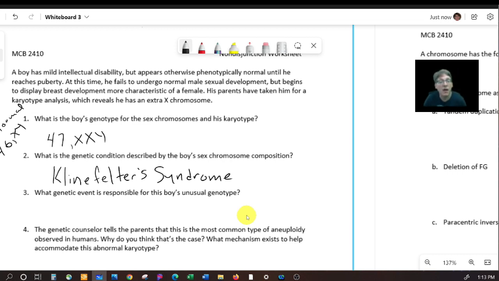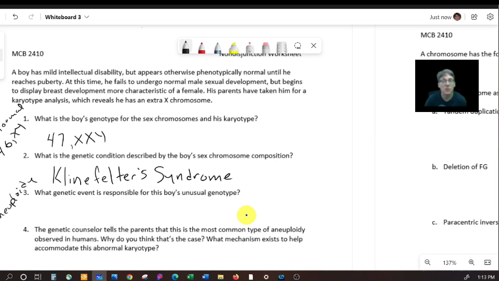And what genetic event is responsible for this boy's unusual genotype? Well, when we have an extra chromosome or we're missing a chromosome, we refer to that individual as being an aneuploid, or aneuploidy.